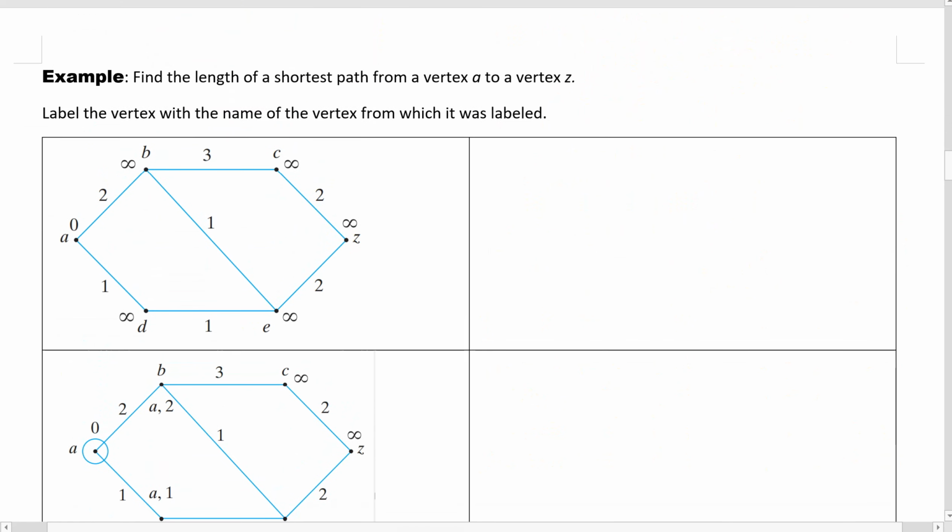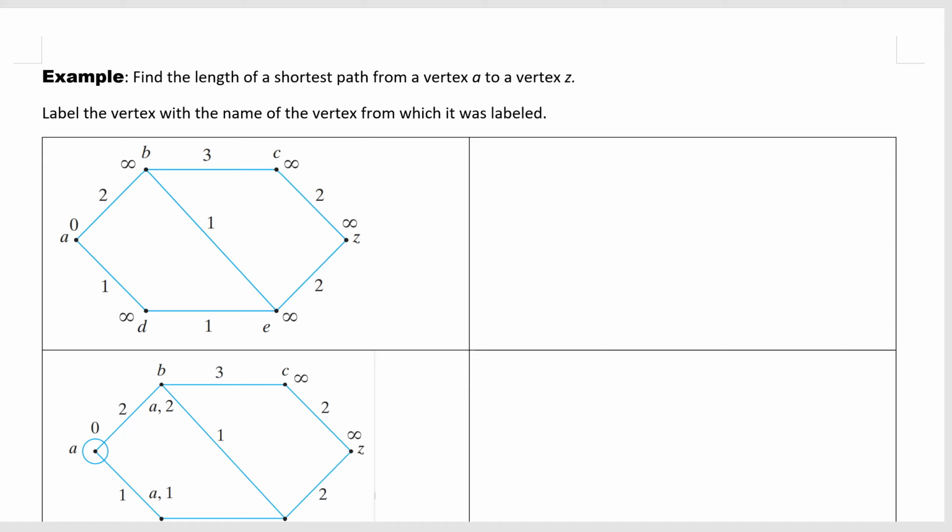Okay, so this is another example. We want to find the length of a shortest path from A to Z. In this case, we want to label the vertex with the name of the vertex from which it was labeled.